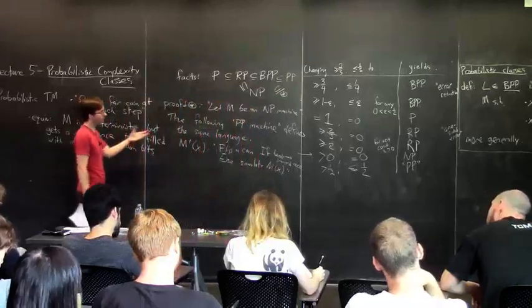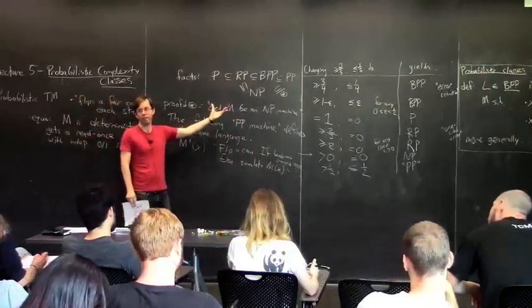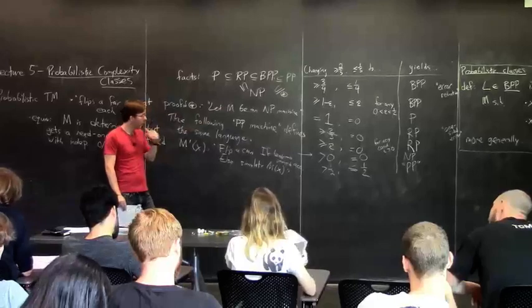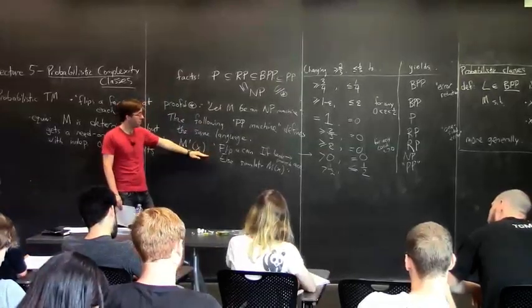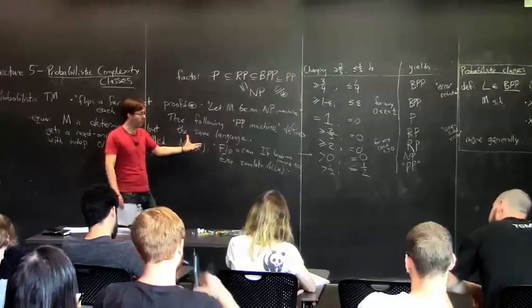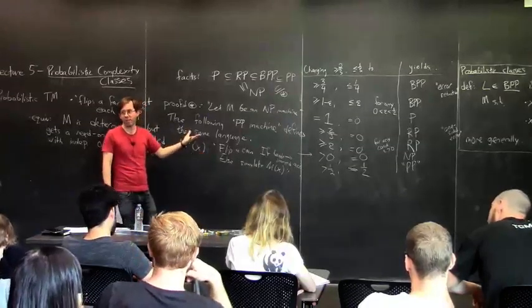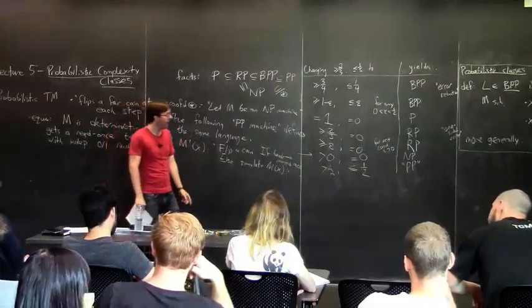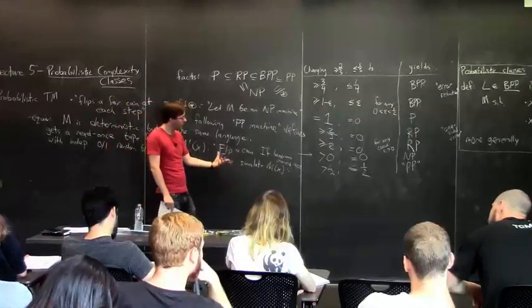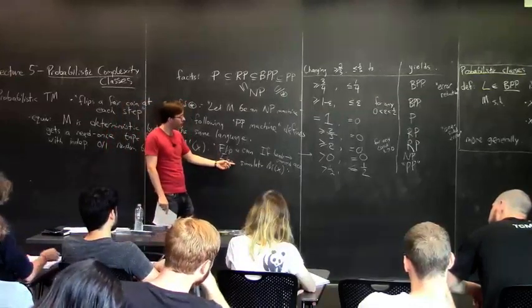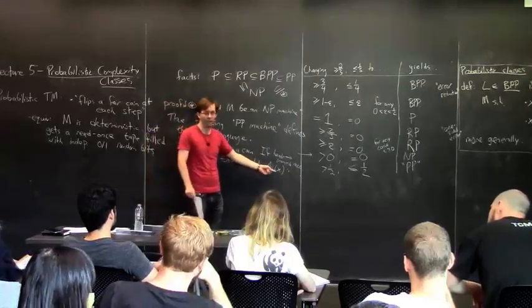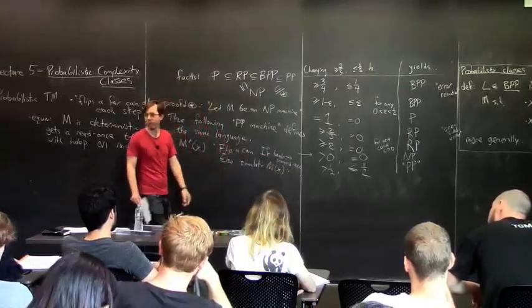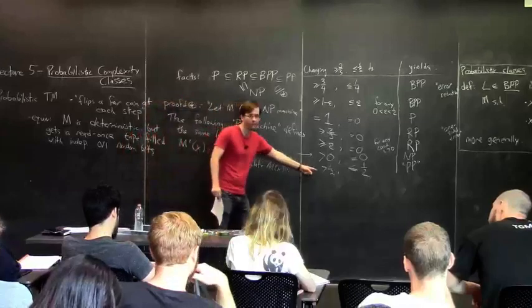The idea being that you can think of M as a randomized Turing machine too. So this M prime of X will have the property that for every string X, it's always accepting with probability at least 1/2, because the very first thing it does is accept with probability 1/2. But beyond that, it accepts with probability strictly more than 1/2 if and only if M of X accepts with probability strictly more than 0. So it satisfies this criterion.